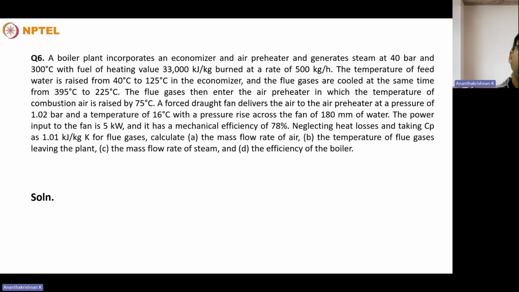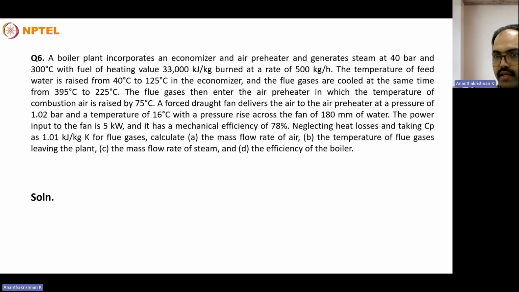That will be like 1/6 of the atmospheric pressure that will be raised. So 1.02 plus maybe another 1/6 of atmospheric pressure will be somewhere around 1.2 bars. This is some intuition based on the values given.